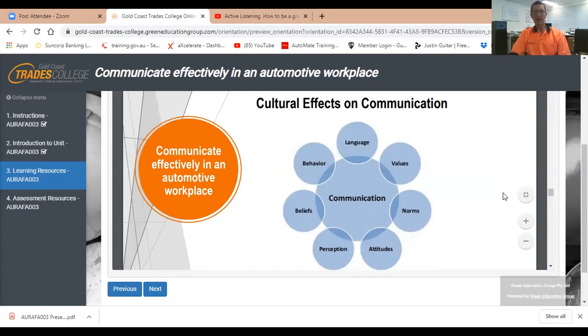They may have different behaviours, certainly different beliefs and social norms, and different perceptions and attitudes. All of these aspects make a difference to the way that you might communicate with those with a different cultural background to yours. So my suggestion is to be considerate of people with different cultural backgrounds than yours. Take all of these things into consideration when you're speaking to that person.